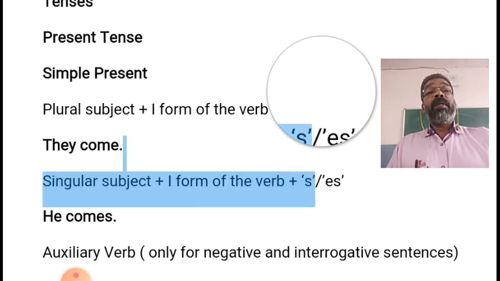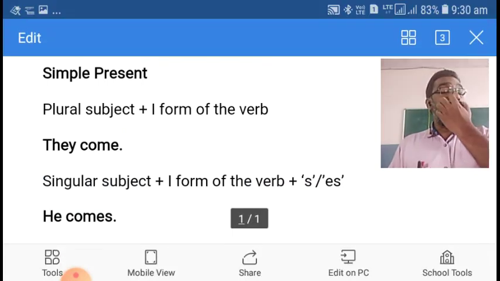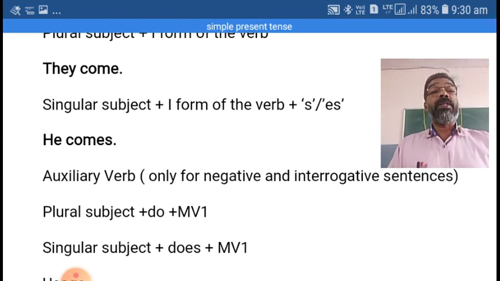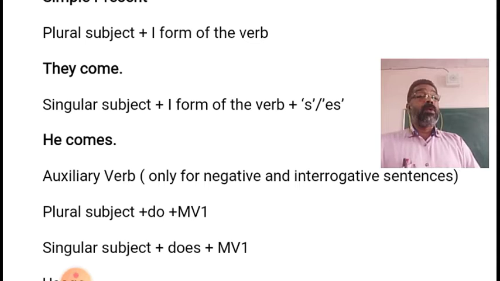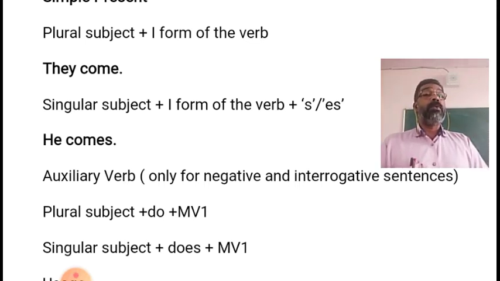And in a simple present tense, auxiliary verb is used only in negative and interrogative sentences. So, auxiliary verb also is used, that is do and does.